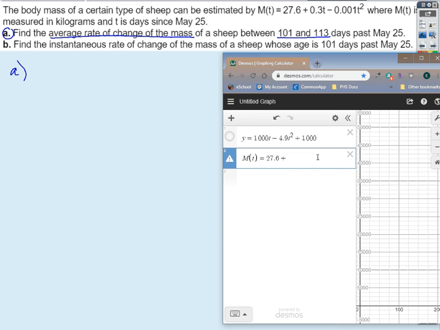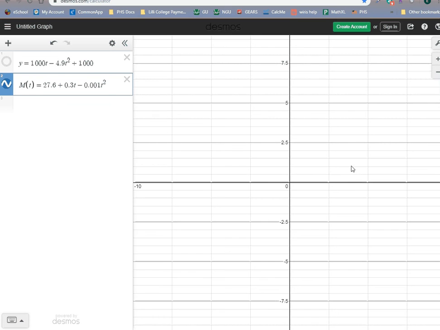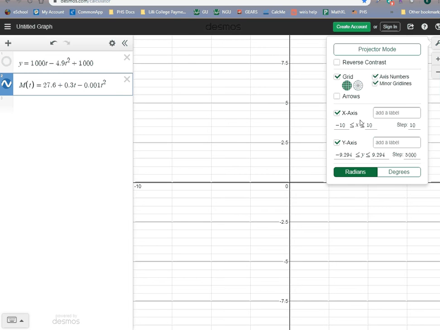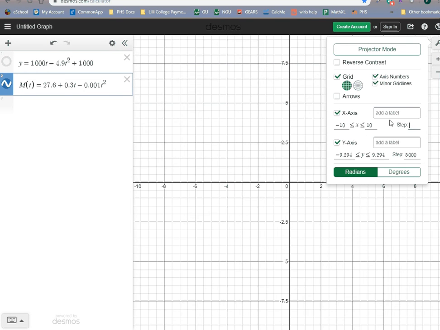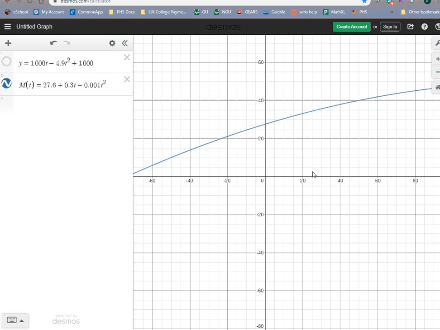Plus... okay, so there's my function. I got the graph settings all messed up, don't I? Let's see here. Okay, and if I zoom out a little bit, you can see our function right there.